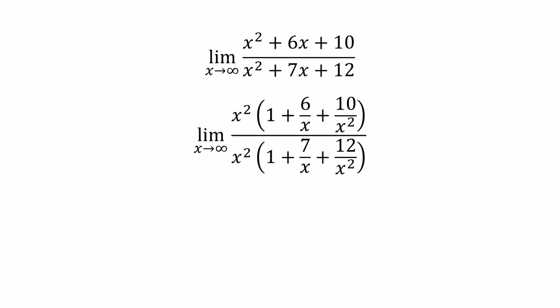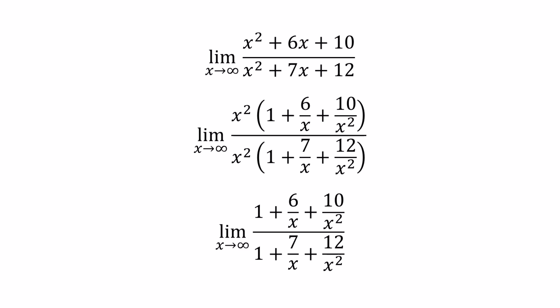Simplifying gives the limit as x approaches infinity of 1 plus 6 over x plus 10 over x squared all over 1 plus 7 over x plus 12 over x squared.